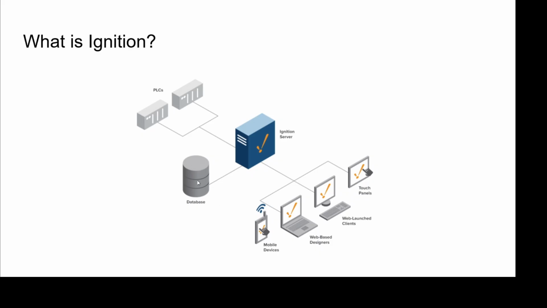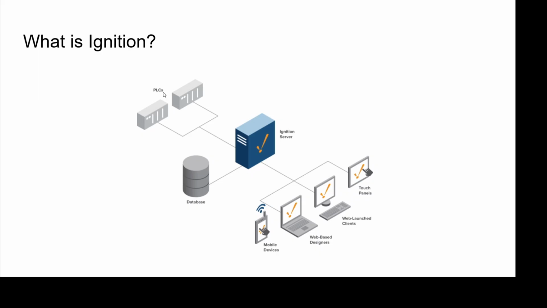So if we're storing recipe information, we're tracking historical data from the system, so on and so forth, we can store all of that in a database, and Ignition can read and write to databases very easily, and then make that data available to the operators in the clients.